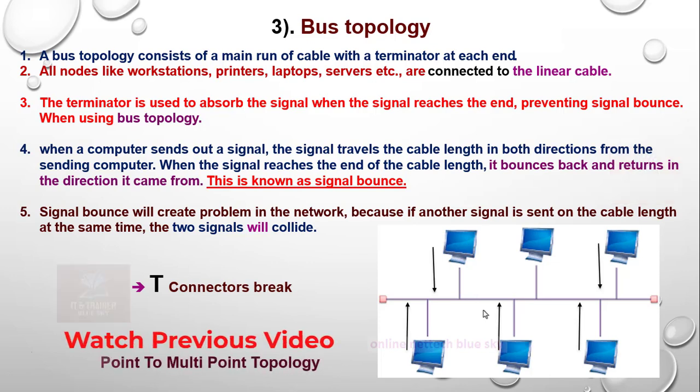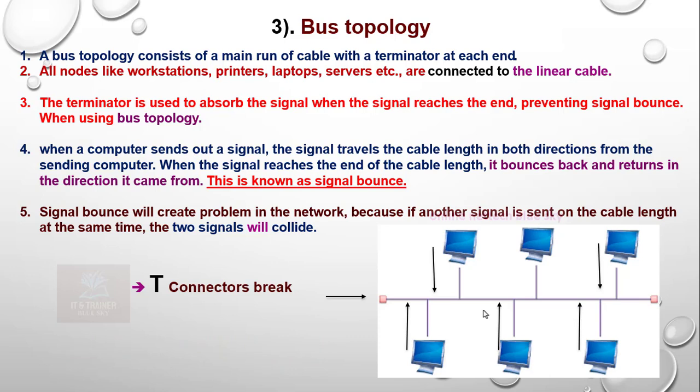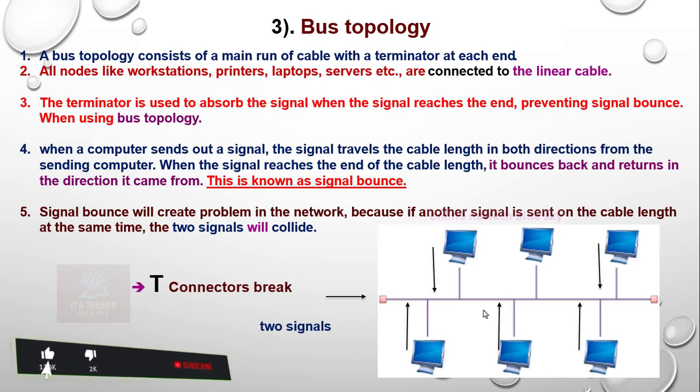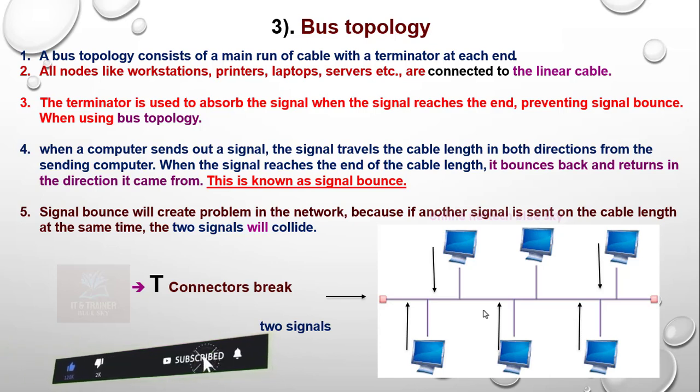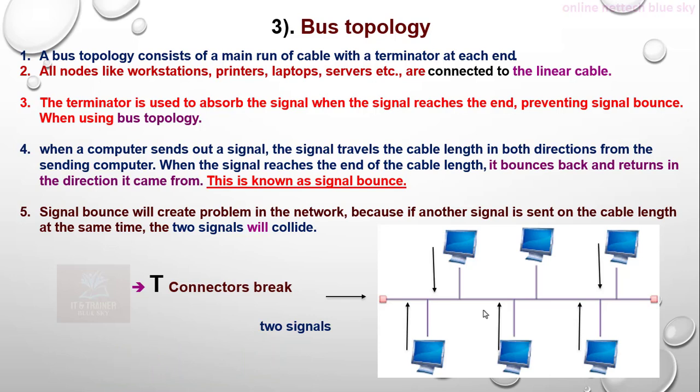Bus topology uses this type of cable, and this is a very old generation technology. Engineers connected computers with this bus topology technology. This is the main cable for data signal traveling, sending and receiving. There are two signals, sender and receiver, but if two signals are sent at the same time, that means collision.